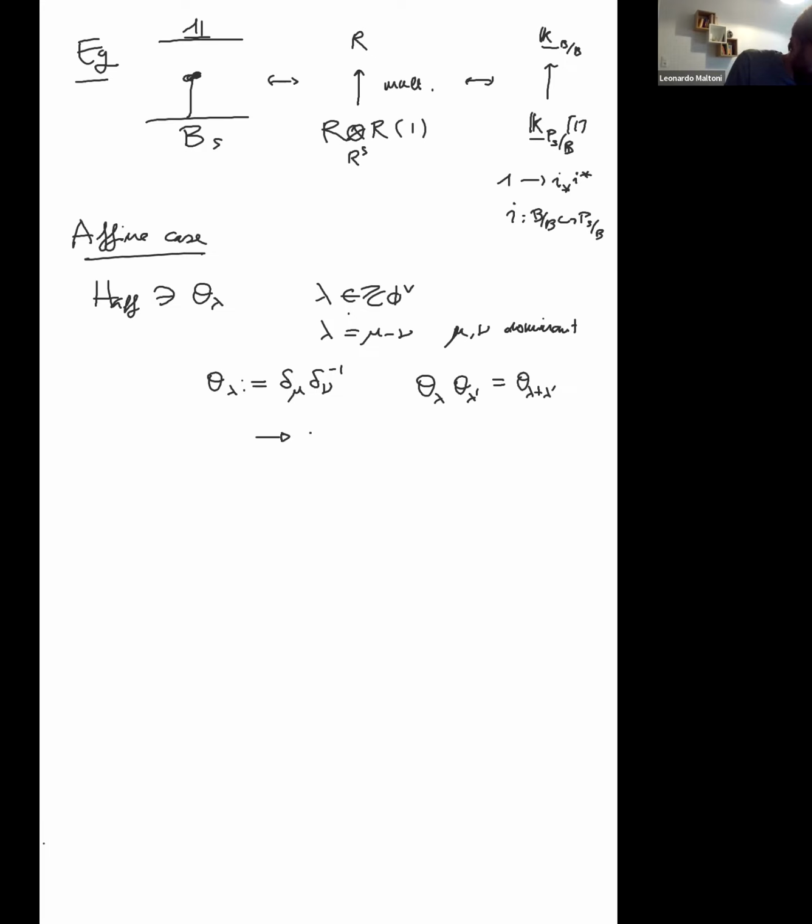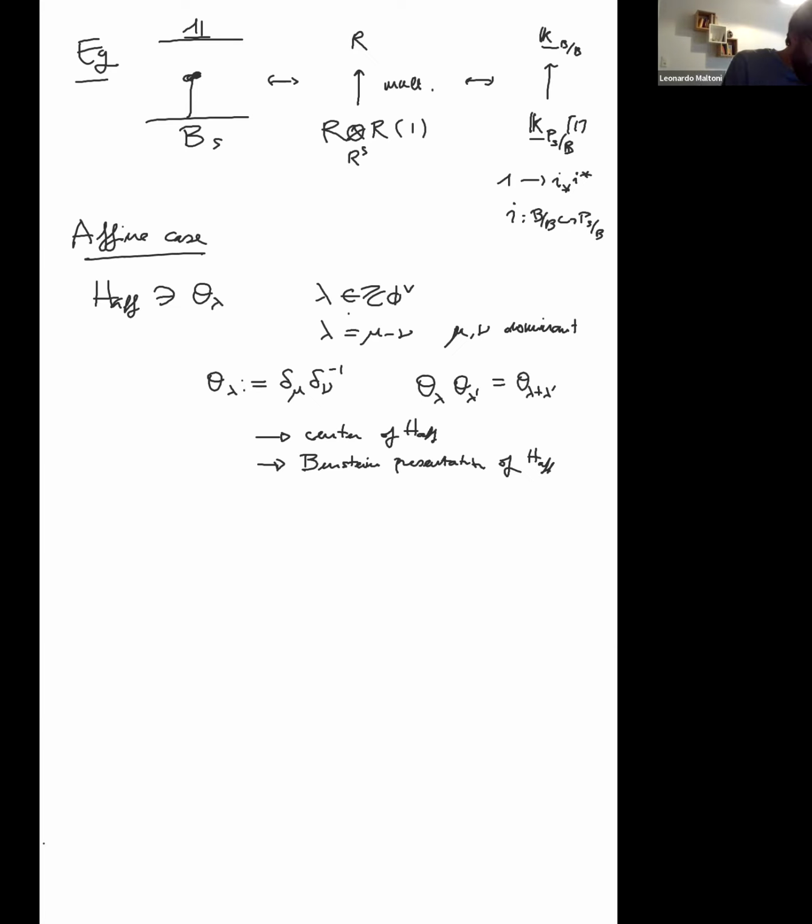Namely, this subalgebra contains the center. And the properties of this subalgebra are encoded in what is called the Bernstein presentation of the affine Hecke algebra.